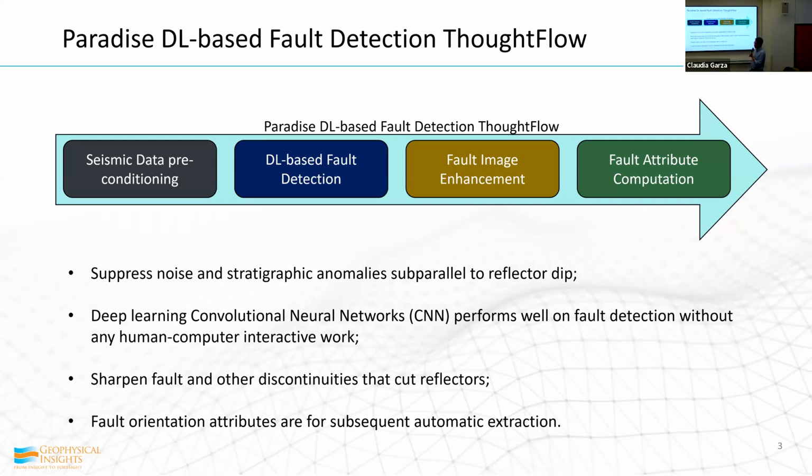And the second step is to apply one of our pre-trained 3D CNN-based fault detection modules, or what we call the engines in the Paradise software. An engine is pre-trained. We trained our engine, or model, on many synthetic data volumes.